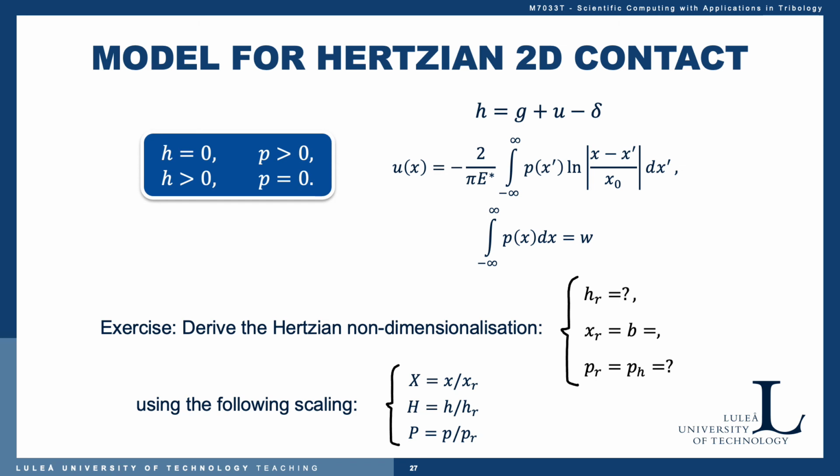And it is now up to you to derive the Hertzian non-dimensionalization in this case and express it in terms of the Hertzian cylinder half radius B and the Hertzian pressure pH. And of course you should use the scaling from before to obtain your dimensionless variables X, H and P.